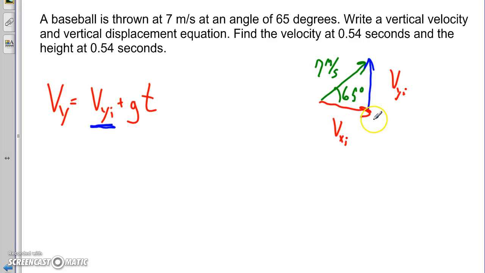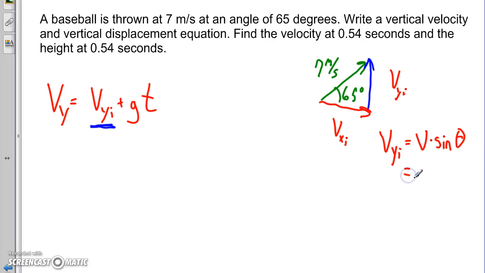So of course, to calculate that, I have to use sine, and you have that equation. You can go back and think, okay, we have a hypotenuse and we have the opposite side, and so you have opposite over hypotenuse, or sine. But the equation is going to look like this. Vyi is going to be equal to v times the sine of the angle theta.